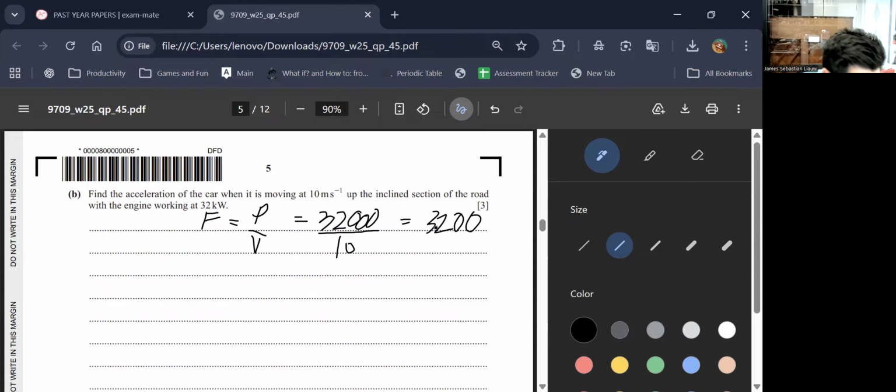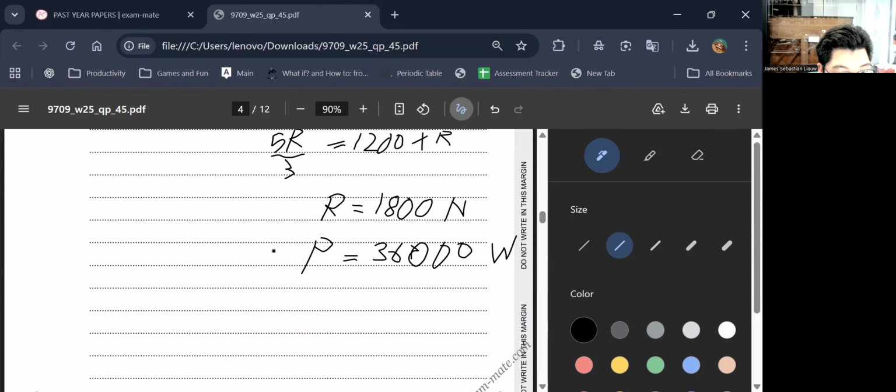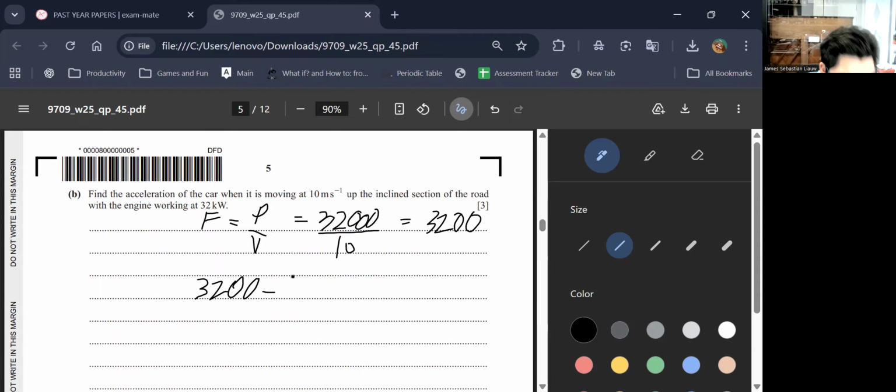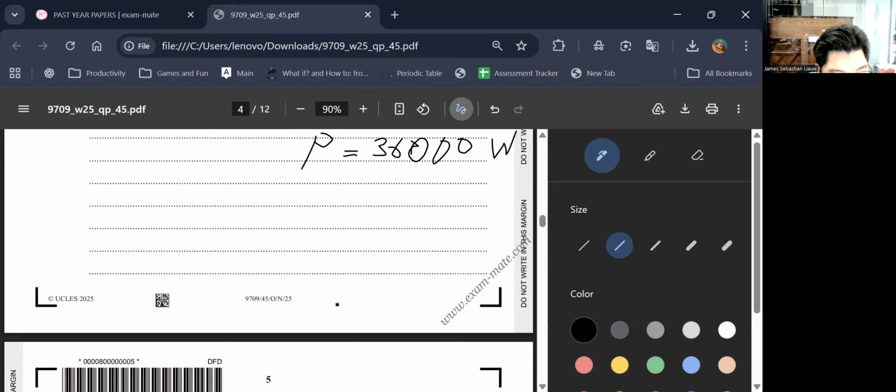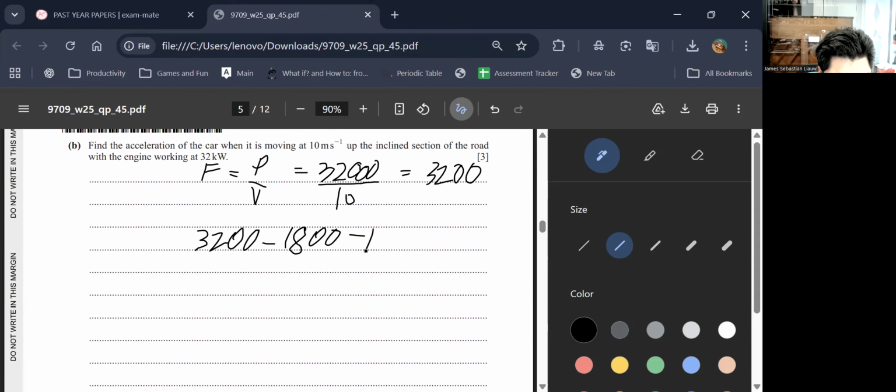This is your F, and your driving force minus your R minus your component of weight, which again is 1200, is the resultant force, which is MA.